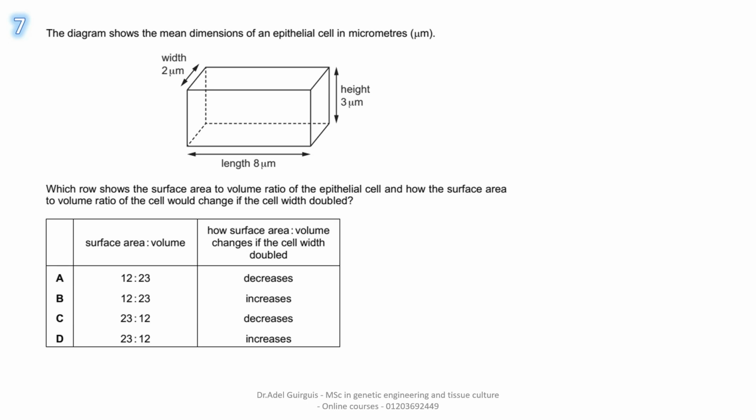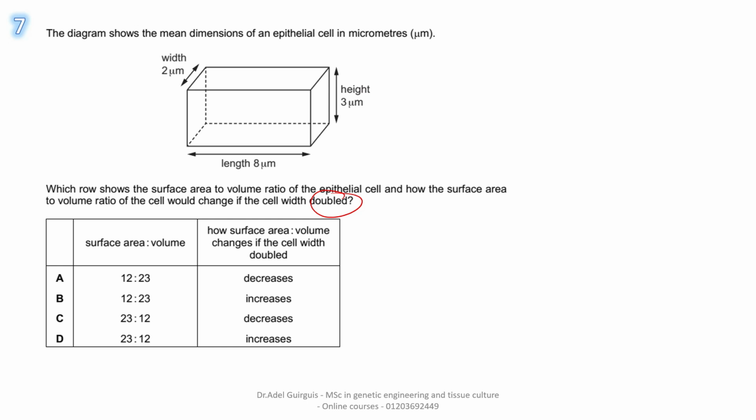Number 7. The diagram shows the mean dimensions of an epithelial cell in micrometers, with 3 dimensions. Which row shows the surface area to volume ratio of the epithelial cell, and how the ratio would change if the cell width doubled? To calculate surface area, this rectangular shape has 6 faces.